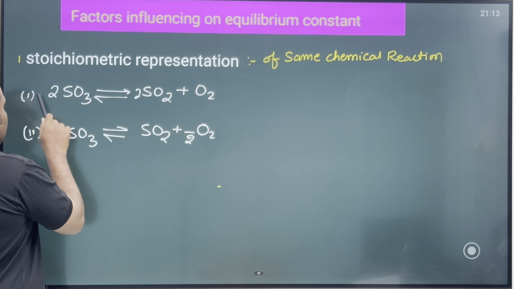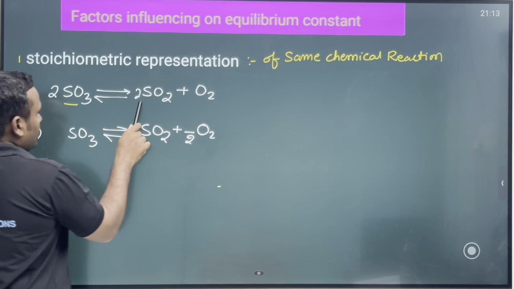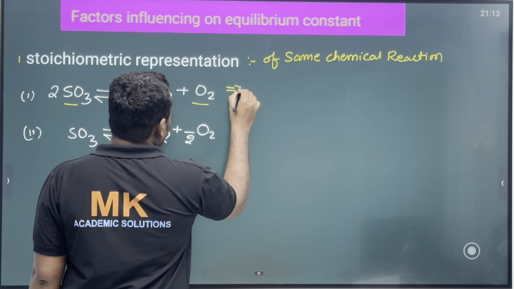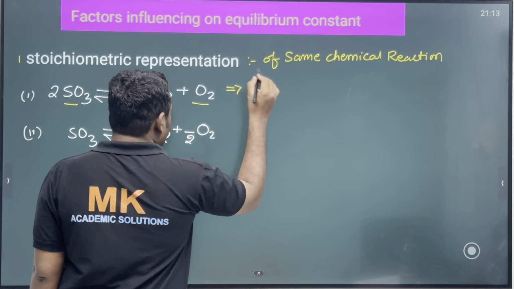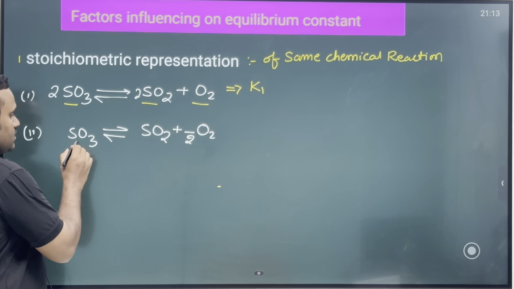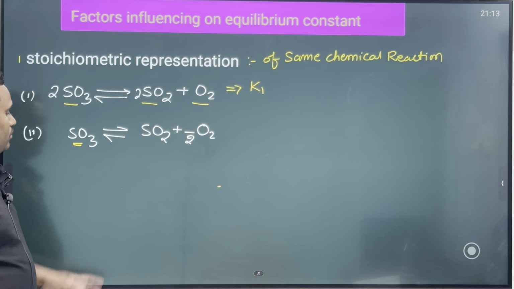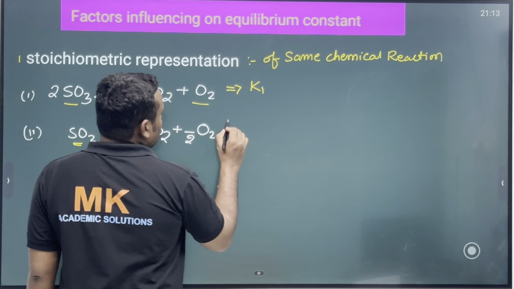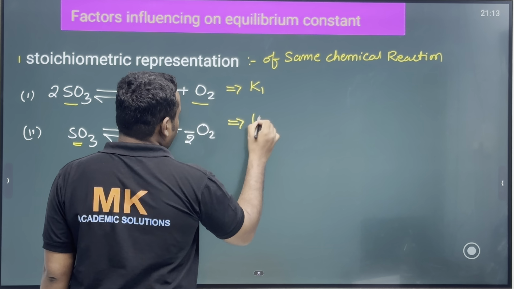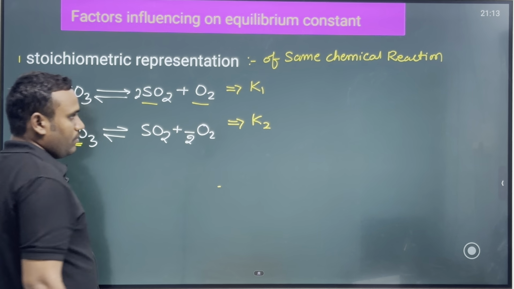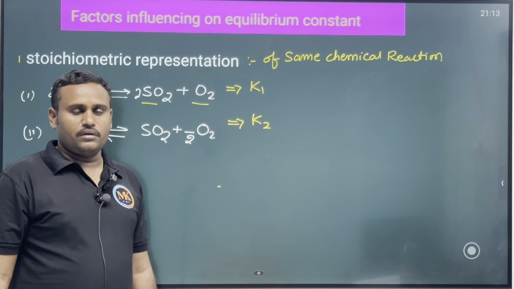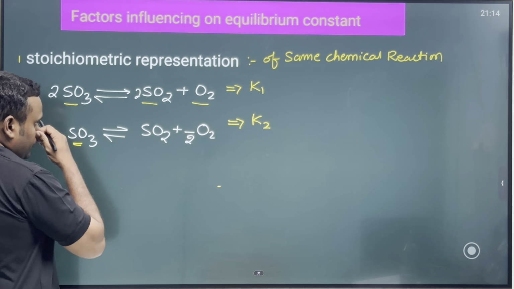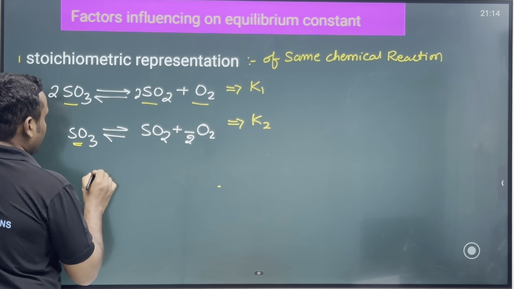See here, the first one: 2SO3 gives rise to 2SO2 plus O2. For this, consider the equilibrium constant is K1. And here the same reaction, SO3 gives rise to SO2 plus half O2. Now this is K2. So what is the relation between K1 and K2? First write the equilibrium constant K1.